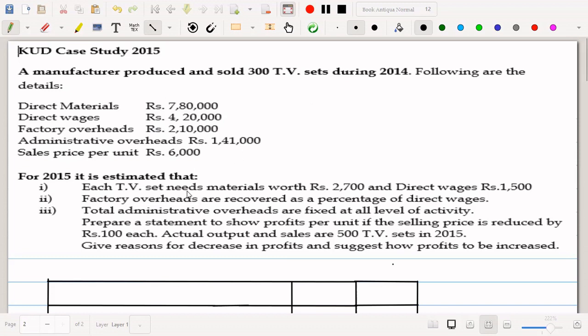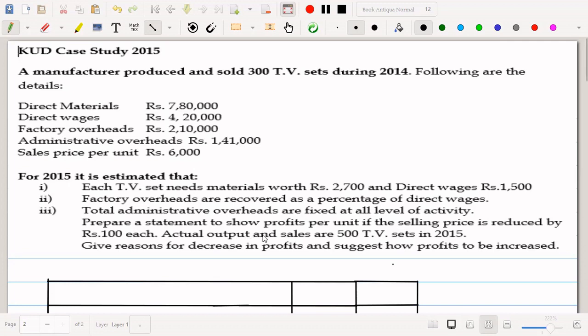And next, for the year 2015, it is estimated that each TV set needs material worth rupees 2,700 and direct wages rupees 1,500. Factory overheads are recovered as a percentage of direct wages. Total administration overheads are fixed at all levels of activity.